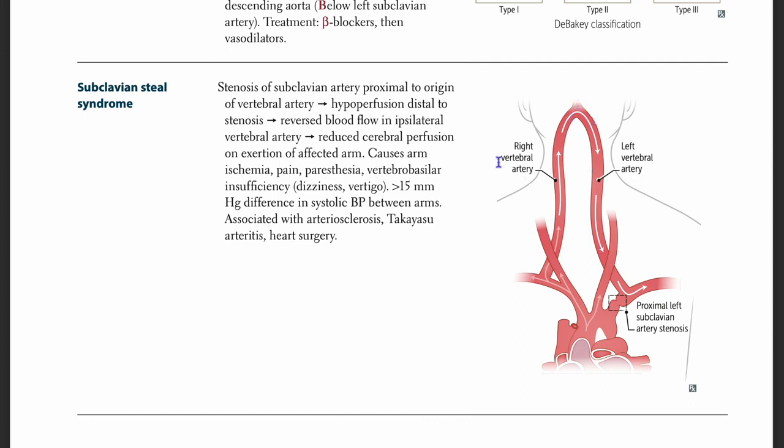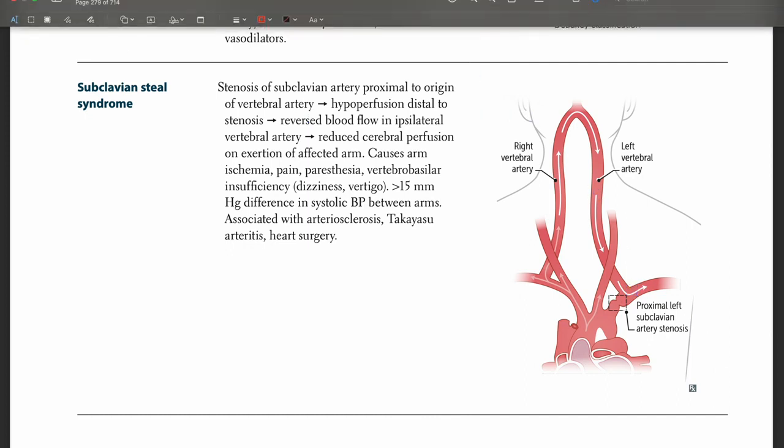We'll talk about the vertebral arteries there. But for now, this is the vertebral artery coming in, right? And it attaches to proximal left subclavian. So subclavian artery. But right before the attachment of that on the subclavian, there is a little bit of pinching over there. So, or stenosis. So stenosis of subclavian artery proximal to the origin of the vertebral artery. So this is the origin of vertebral artery.